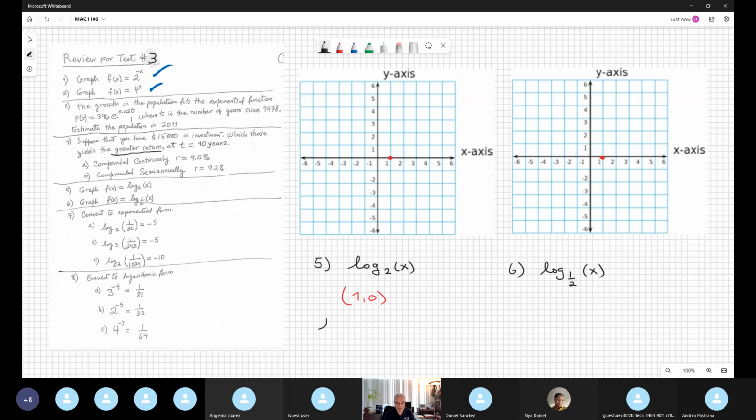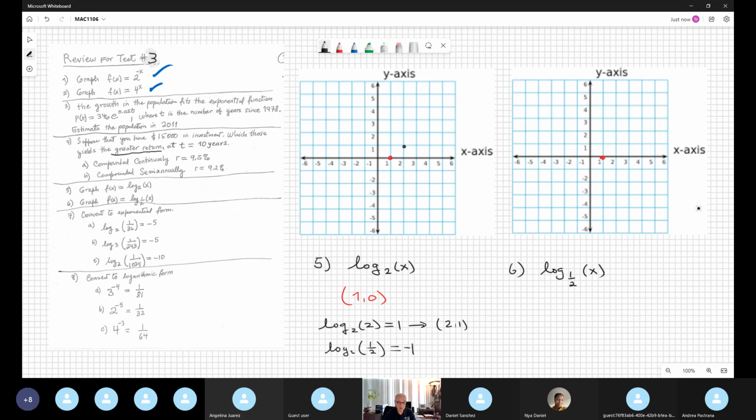For example, I know very well that logarithm base 2 of 2 is 1. Now this implies the point (2, 1). Here, (2, 1). You see? And logarithm base 2 of 1/2, which is the reciprocal of 2, is -1.